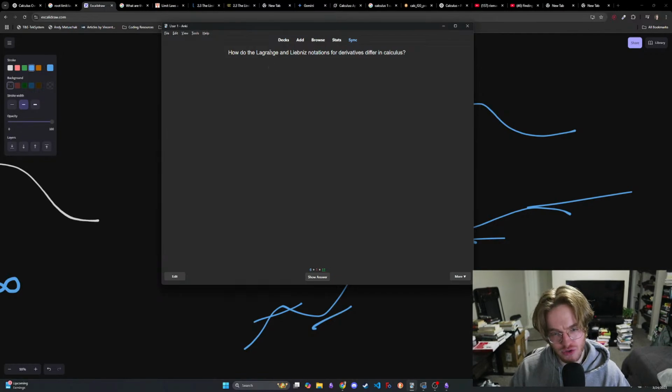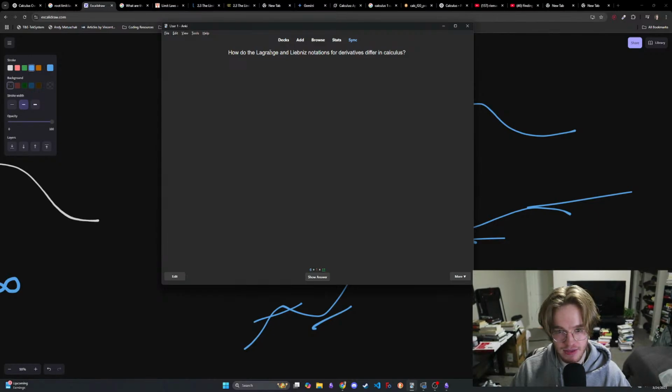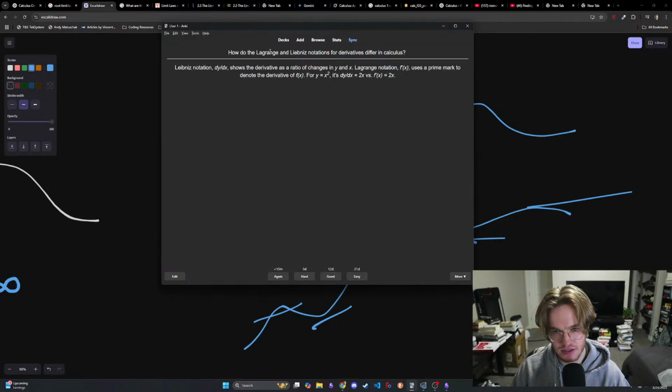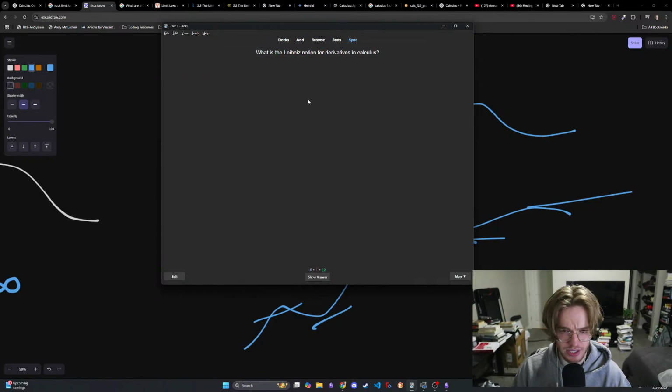I think the Lagrange one is closest to the Newton, and Lagrange is the one with the little apostrophe notation, and Lagrange is merely describing the derivative, and then Leibniz focuses more on the rate of change. So I think it's dy over dx for Leibniz. Yeah. Leibniz, dy dx, Lagrange. Yep. Perfect. Okay, dy over dx.